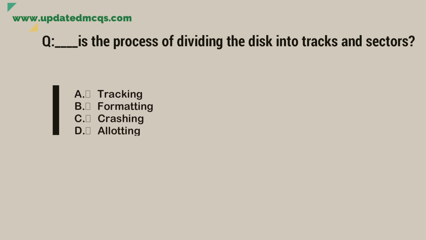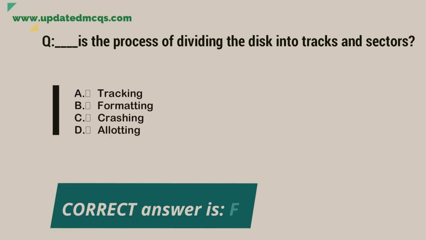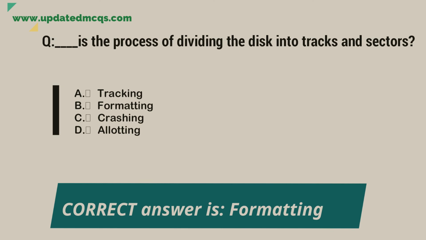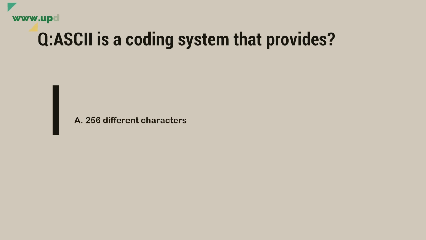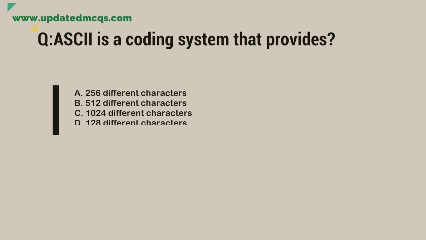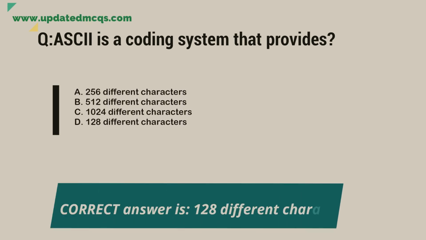Dash is the process of dividing the disk into tracks and sectors. Formatting. ASCII is a coding system that provides 128 different characters.